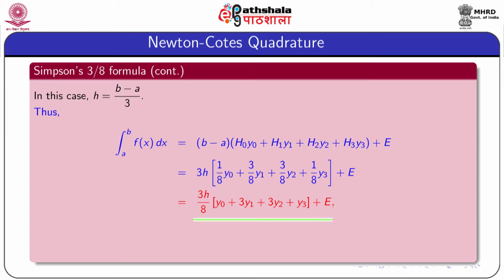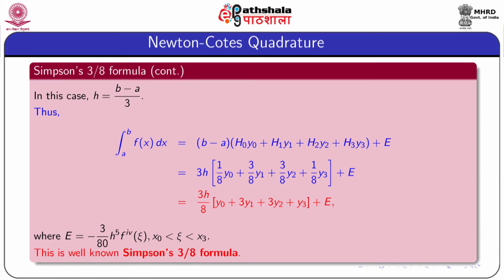Note that here the factor 3 by 8 is multiplied by the entire expression. So, for this factor 3 by 8, the formula is known as Simpson's 3/8 formula, and the error of this formula is given by minus 3 by 80 h to the power 5 into the 4th derivative of f at xi, where xi lies between x0 and x3. Obviously, this formula is known as Simpson's 3/8 formula.